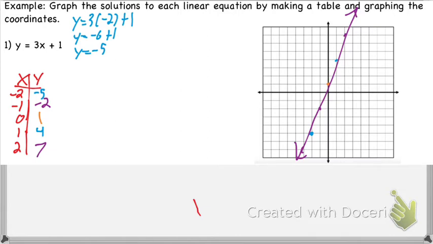Now, we are saying that not only are these 5 points solutions, we're saying that every single spot on this line, even here, that's the solution. Here's the solution, here's the solution. Everywhere I'm tapping on this line is a solution.